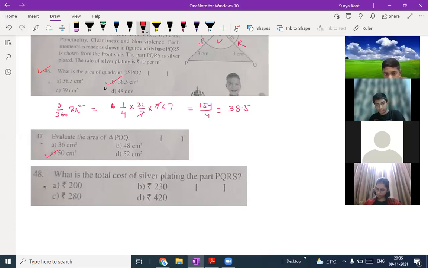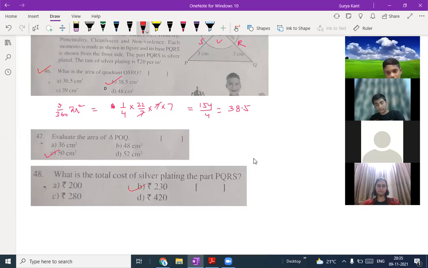See here, Adarsh, you are getting this answer. You sent it in the chat box. Adarsh, you have mentioned 230, right? Very good. Yeah, 230 only. Fine. Answer is 230.